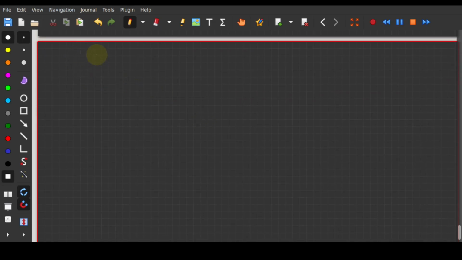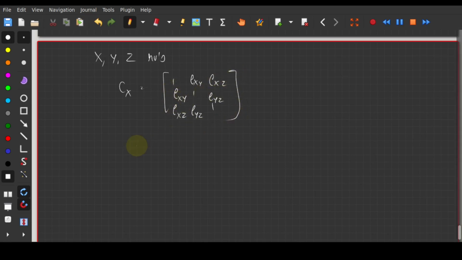So suppose you have 3 random variables, X, Y, and Z. You're trying to find their statistics using some kind of measurements, and you know that the correlation matrix is of the following form: 1, 1, 1 on the diagonal, and rho xy, rho xz, rho yz off the diagonal.